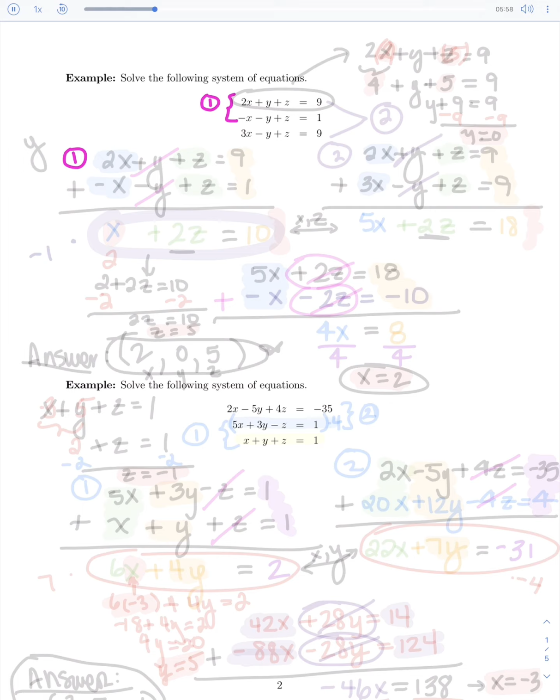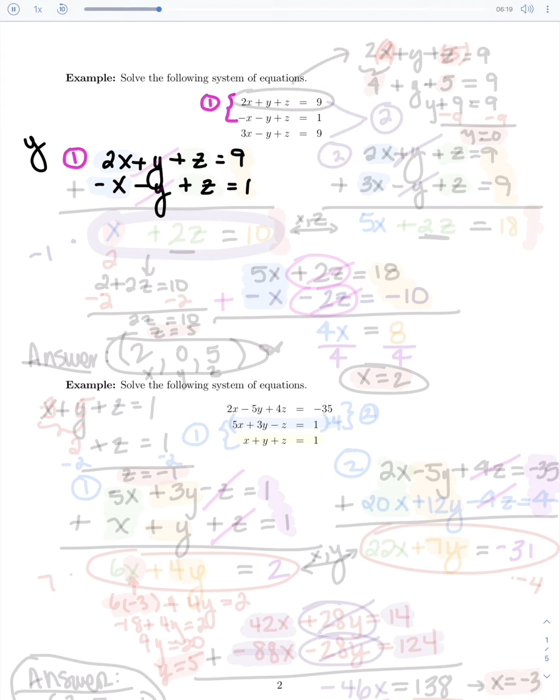It's already set up to eliminate the y's because you have a positive y and then a negative y. So I'm going to pick the top 2 equations to eliminate y.